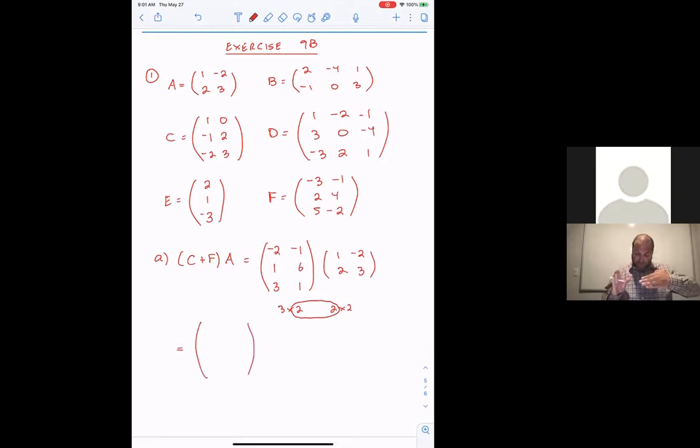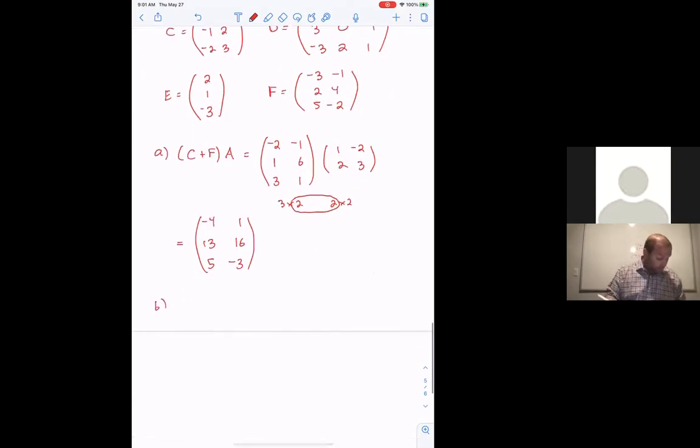First row, first column: -2, -2, -4. -2, -2 is 4, 4 minus 3, 1. 1 and 12, 13. -2 and 18, 16. 3 and 2 is 5. And -6 and 3, -3. Did it fast. Hopefully I did it right.